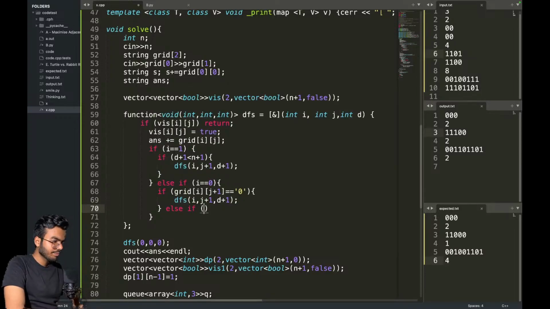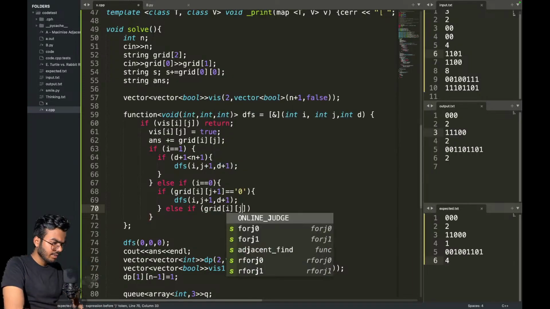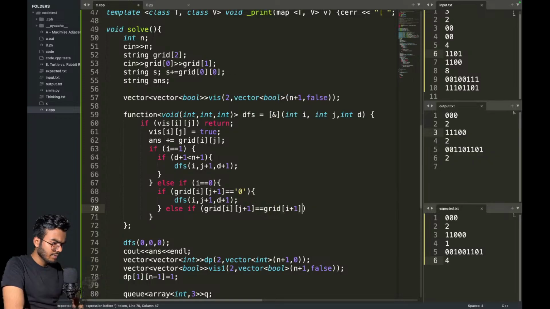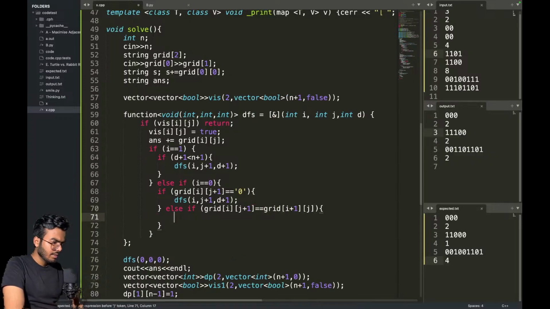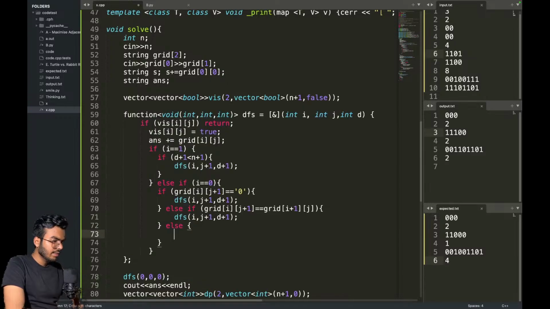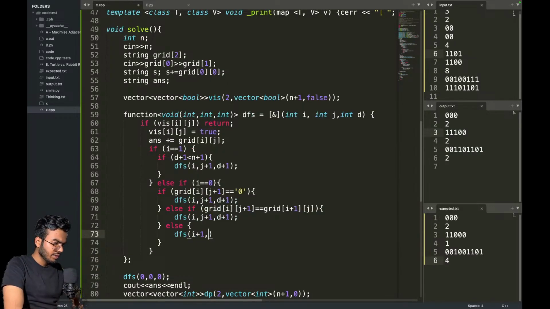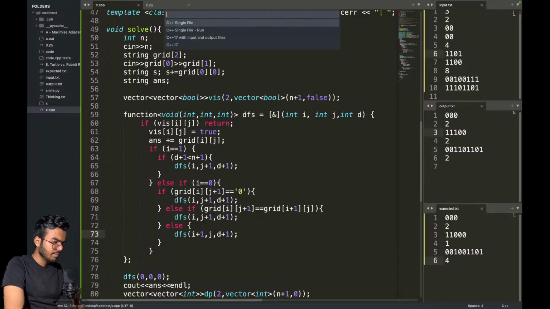Else if grid i, j plus 1 equals grid i plus 1, j, then also do the same thing. In the else case, I will do DFS i plus 1, j, comma d plus 1.